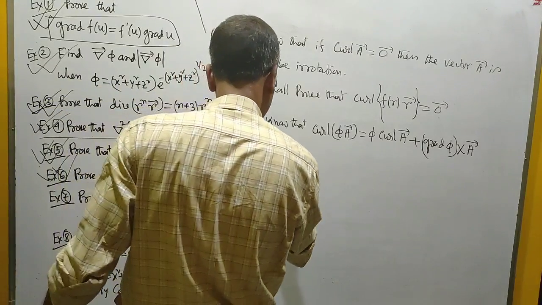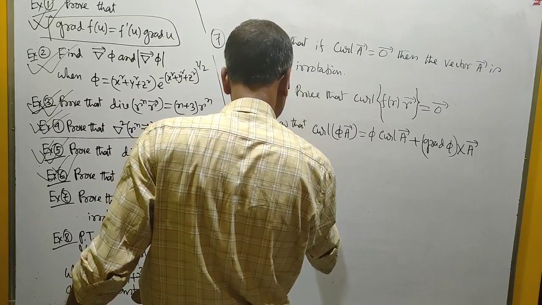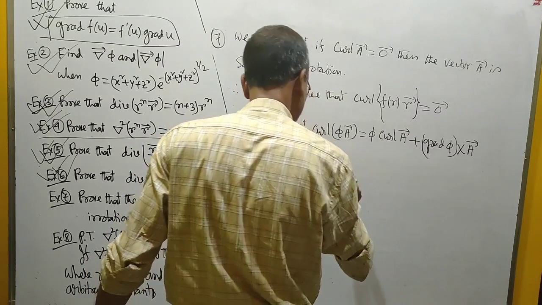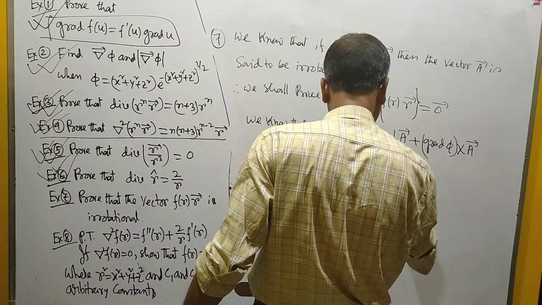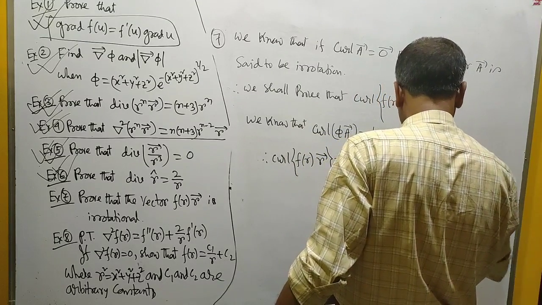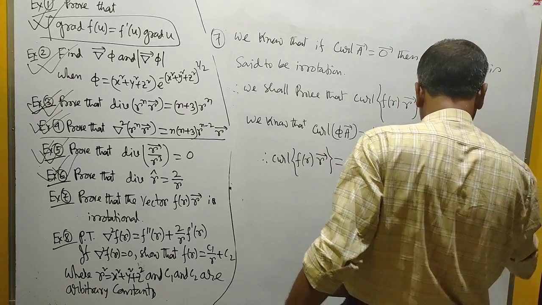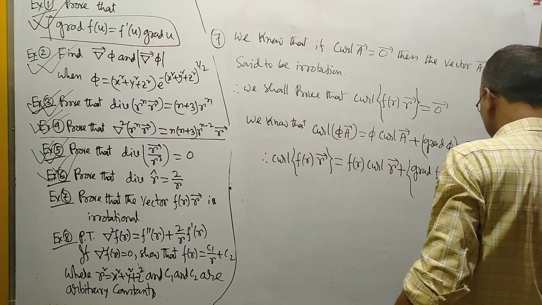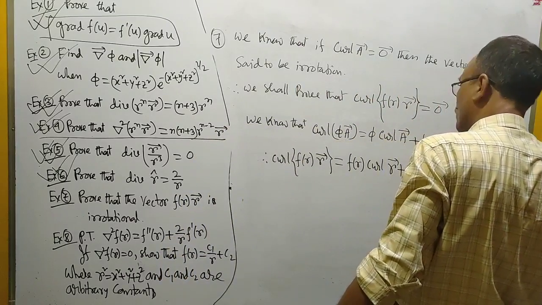Therefore, curl of f(r) r vector will be equal to f(r) curl r vector plus gradient of f(r) cross r vector. Suppose this is number 1.